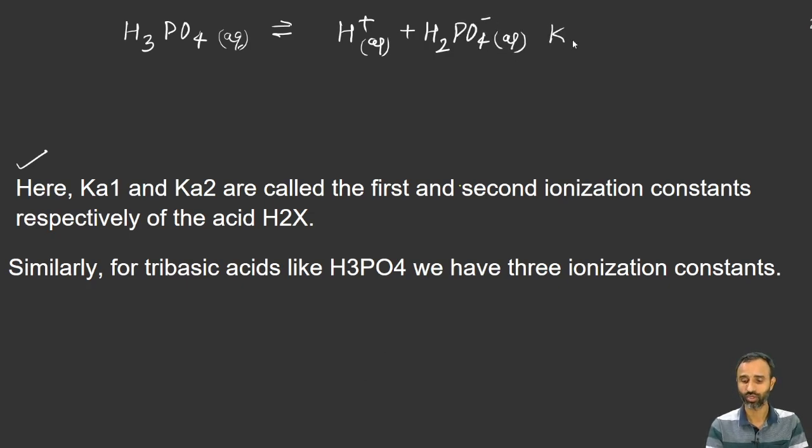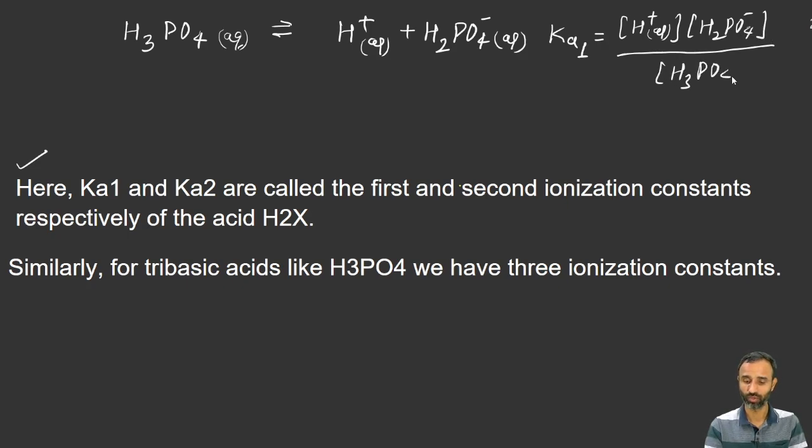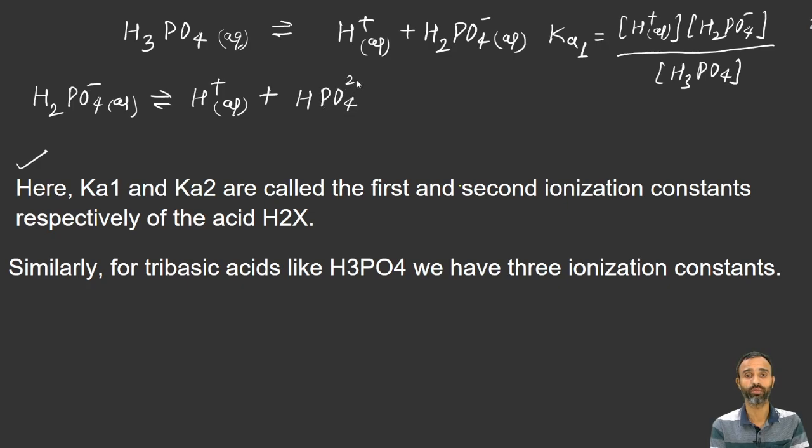So the dissociation constant associated with it is Ka1, and it is equal to H plus aqueous times H2PO4 negative aqueous divided by H3PO4. Then H2PO4 negative will give H plus aqueous plus HPO4, which now becomes 2 negative.